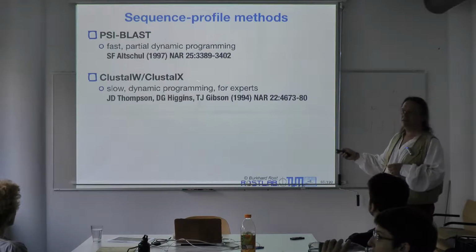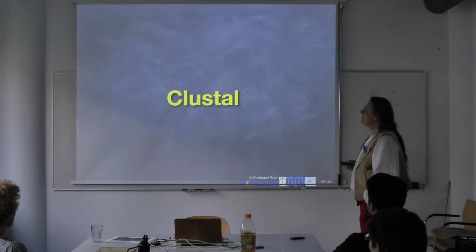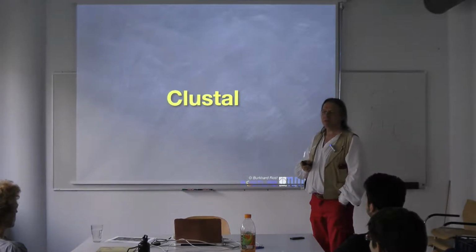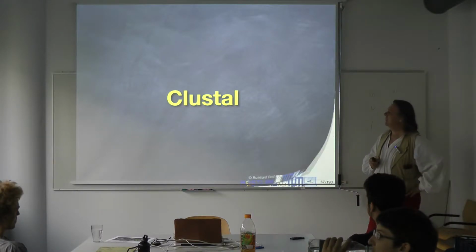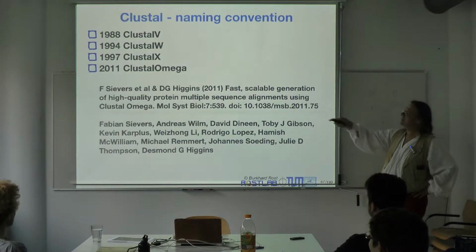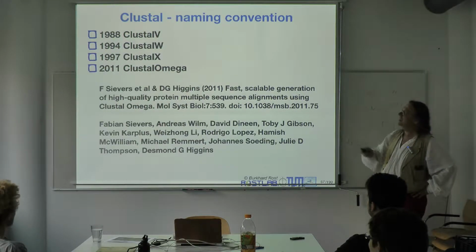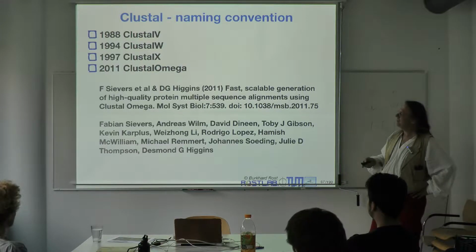Have you ever heard of Clustal? Clustal is just one of many methods that did it long before PsyBlast. The big issue is that PsyBlast did it in a way that was fast and easier to handle for many. So Clustal, again, the first generation of Clustal was in '88, or the first Clustal V method existed then. Now there's Clustal Omega.